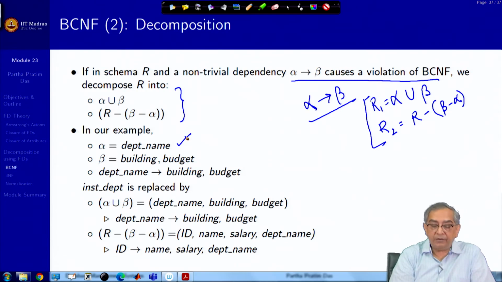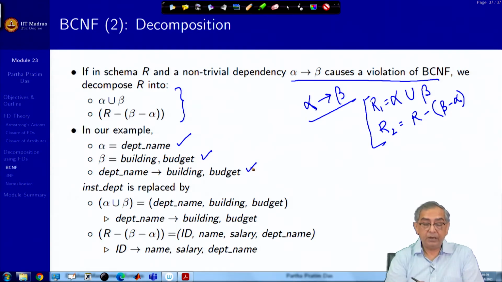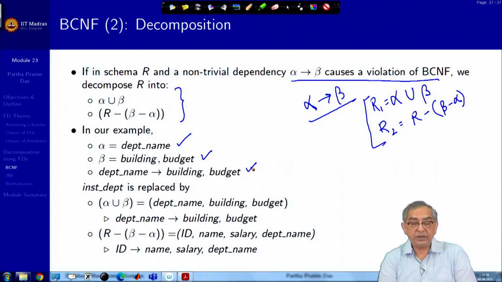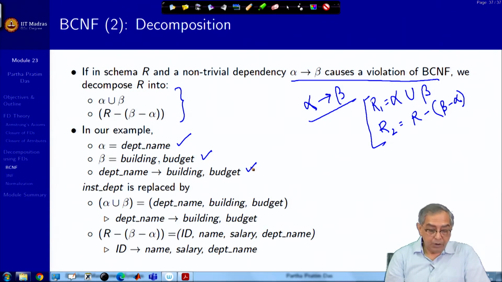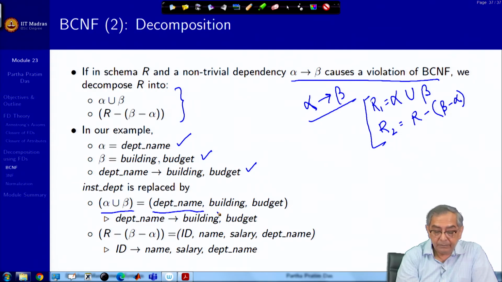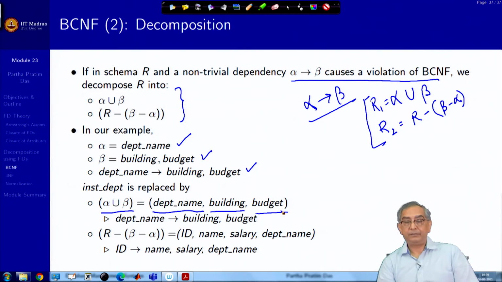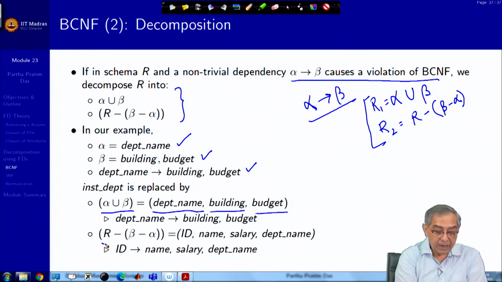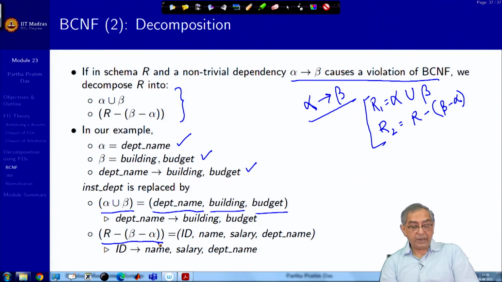So, in our case alpha is department name, beta is building, budget, because we have this functional dependency which is violating BCNF. So, what will you do? You will have one relation which is alpha union beta, that is department name, building, budget, and the other is R minus beta minus alpha.